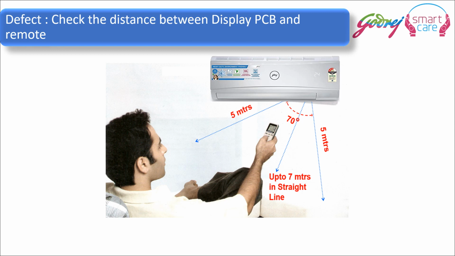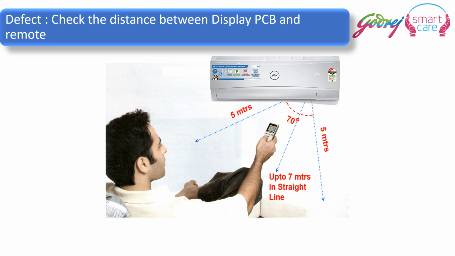And when we stand in front of the indoor unit, and then move aside to an angle of 70 degrees from in front of the indoor unit, the range is lessened to 5 meters.